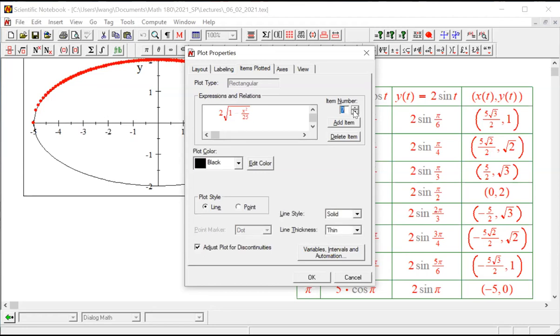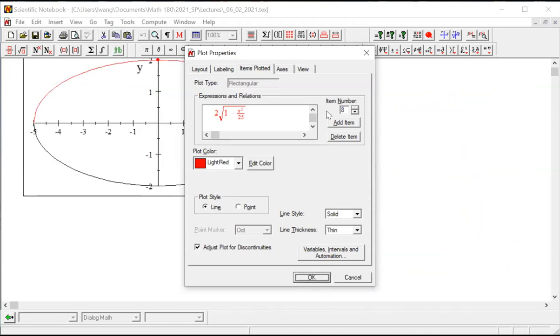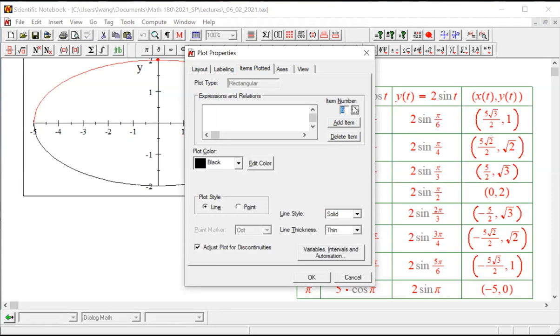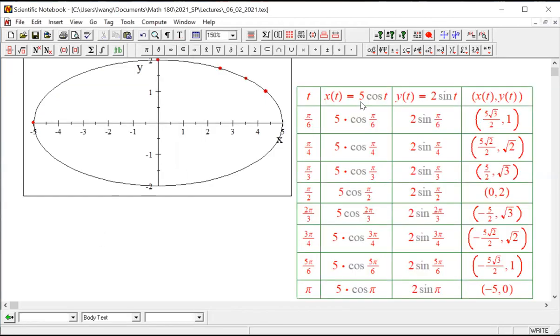Let's do the line, black line, and add another point. My bad. There, so the point goes counterclockwise.